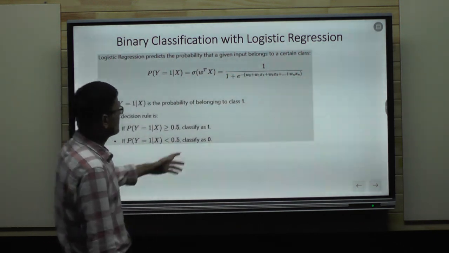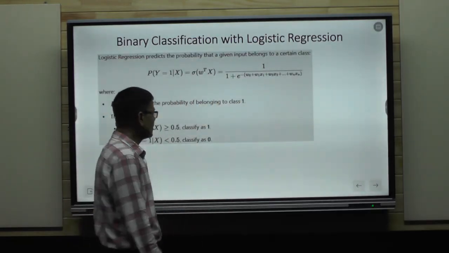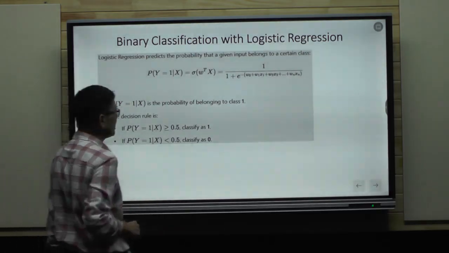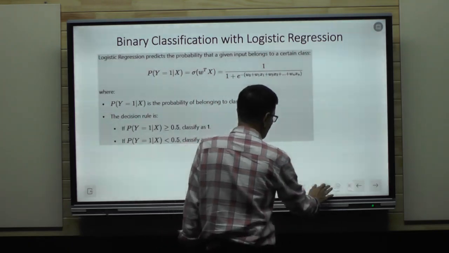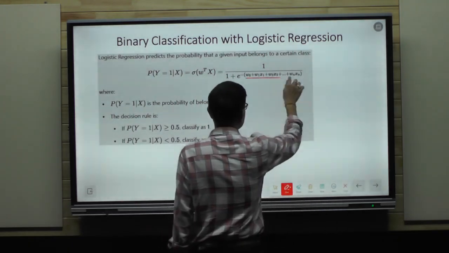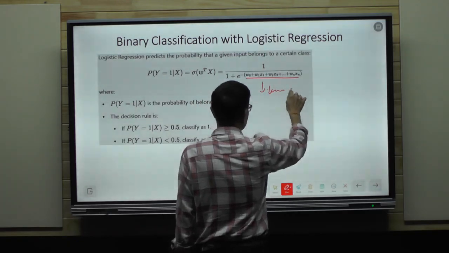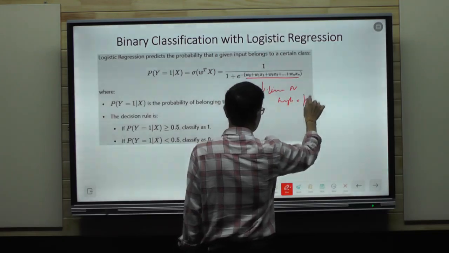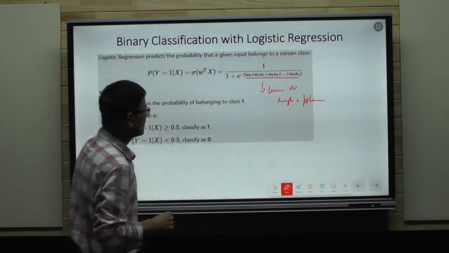So this is the form of a sigmoid function, where this is the equation of a line or hyperplane.